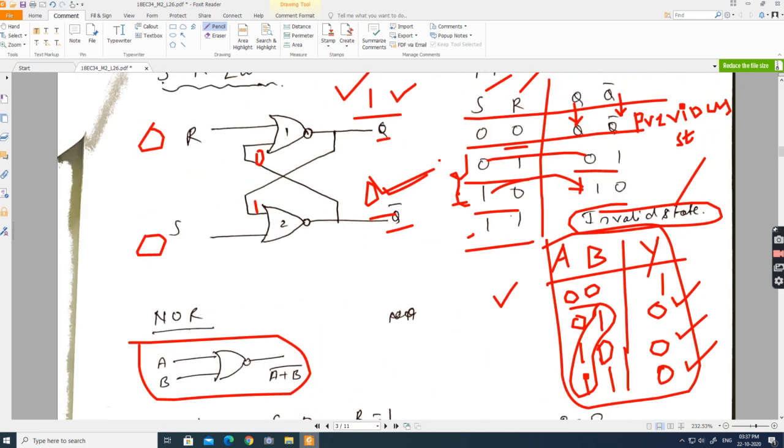The symbol for this is a rectangular box with the inputs S, R, and outputs Q, Q bar. This is the symbol for the SR latch.